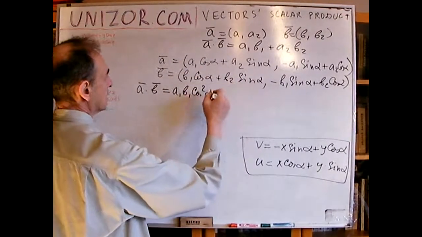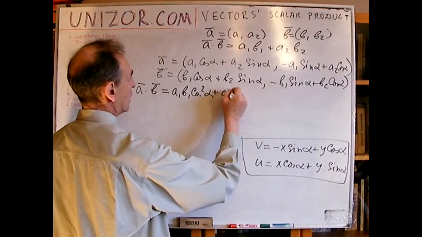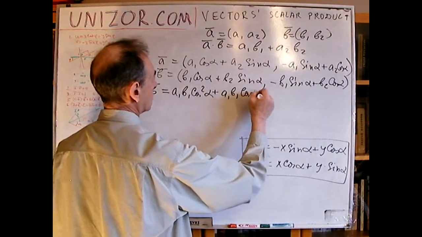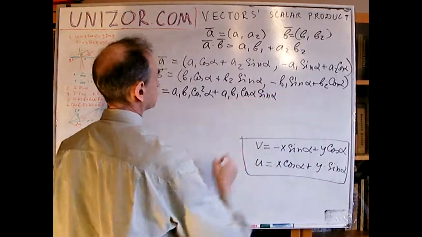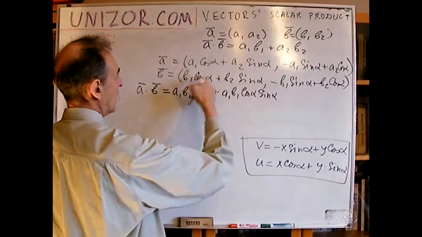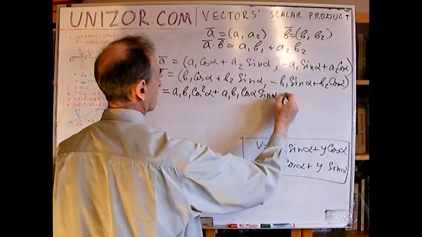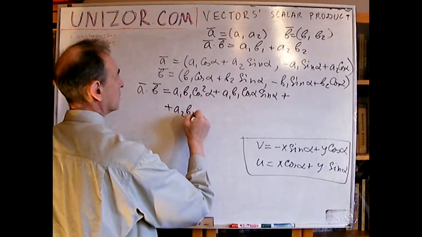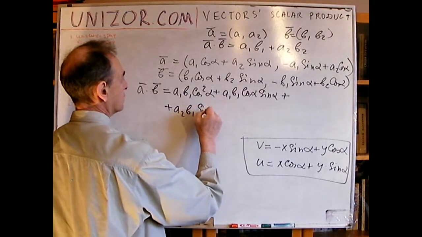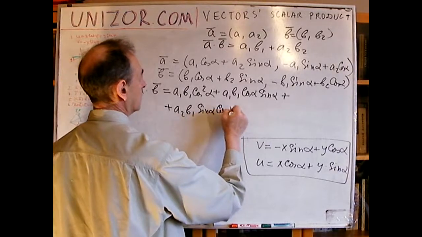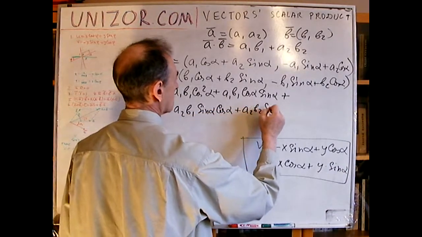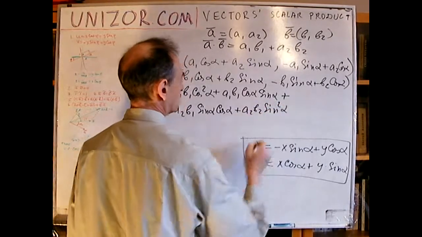Now this times this plus A1 B2 cosine alpha sine alpha, plus A2 B1 sine alpha cosine alpha, and plus A2 B2 sine square alpha.